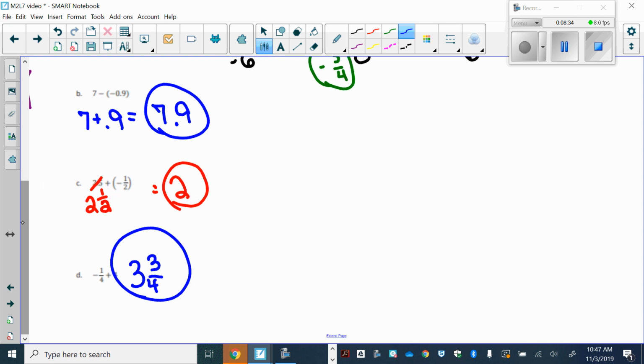And the last one, negative 4 plus 4. I could have drawn a number line, but I know that commutative property, I could have changed that to 4 plus negative 1/4. And if I have $4 and I add on negative 1/4, or take away a quarter, I have 3 3/4 left.